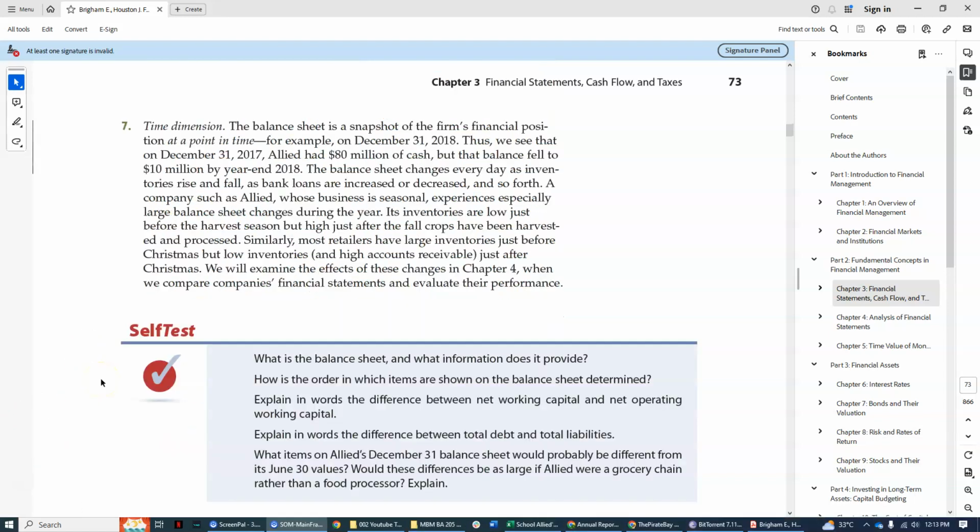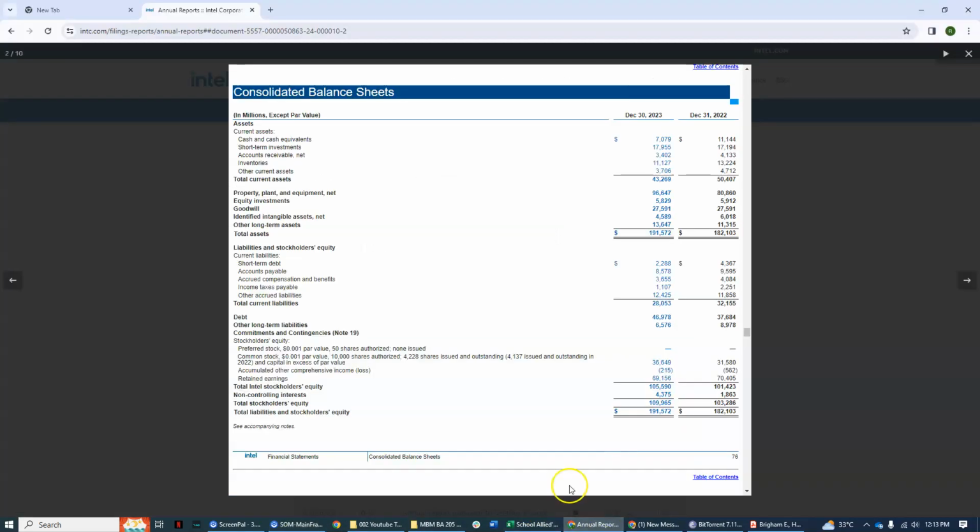And lastly, in this section, there's a time dimension. When you are going to report a balance sheet, for you also to be informed on how to read the balance sheet, when it's annual, there's always a cutoff. If you can see here, the cutoff of this Intel balance sheet is December 30, 2023. So it's not talking about December 31, 2023.